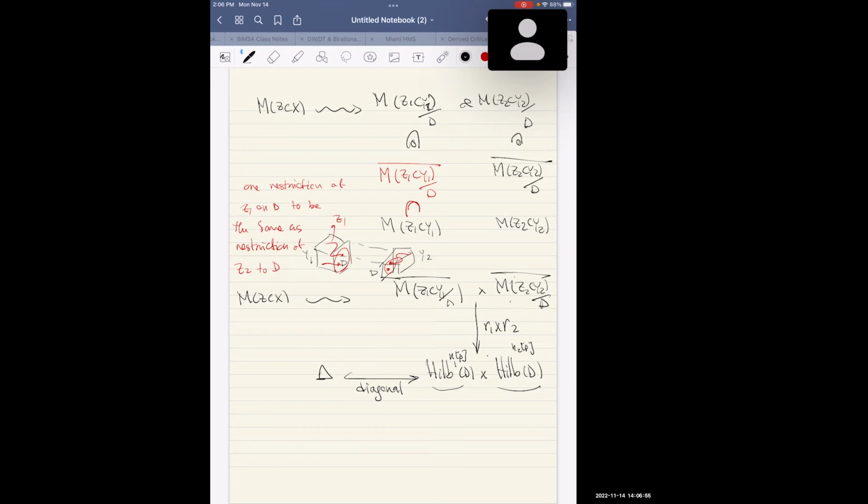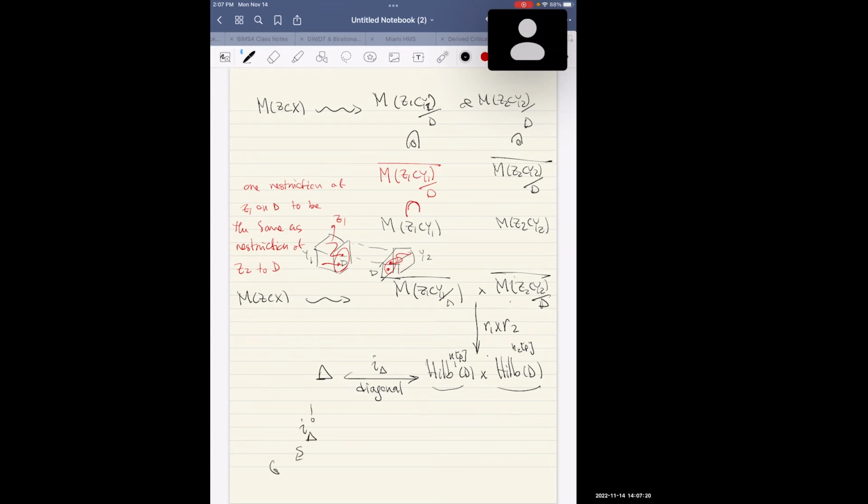Okay, that's good. So let's call this a diagonal embedding, I of delta. Eventually, in terms of the virtual fundamental class, I'm interested in I of delta upper shriek.